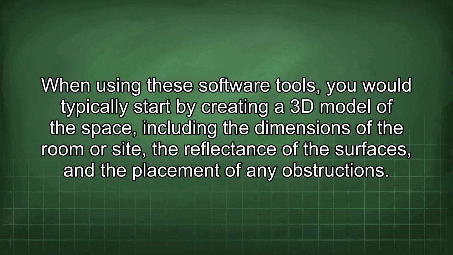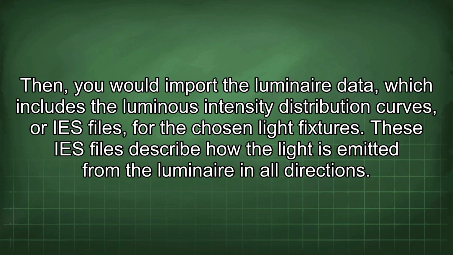When using these software tools, you would typically start by creating a 3D model of the space, including the dimensions of the room or site, the reflectance of the surfaces, and the placement of any obstructions. Then, you would import the luminaire data, which includes the luminous intensity distribution curves, or IES files, for the chosen light fixtures.